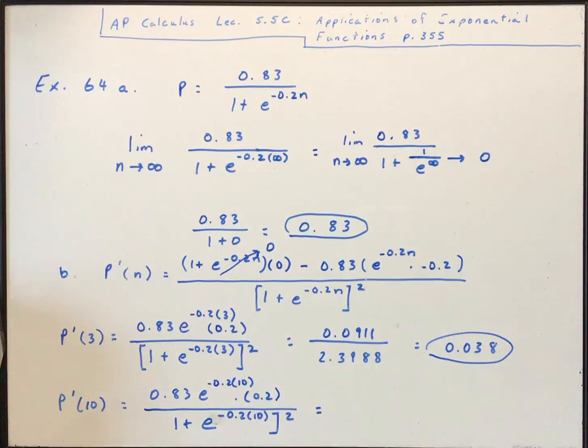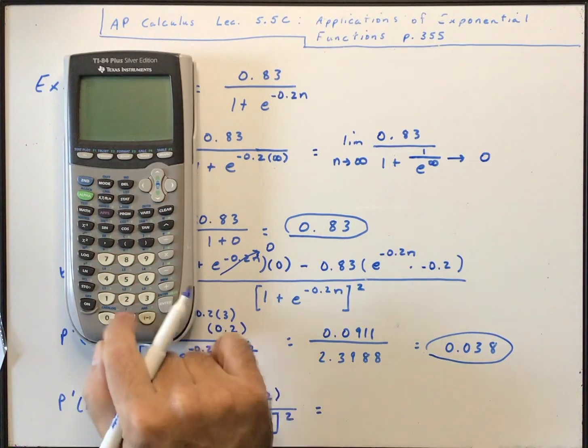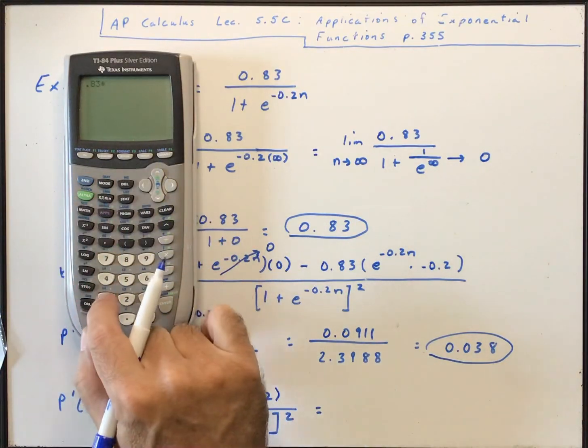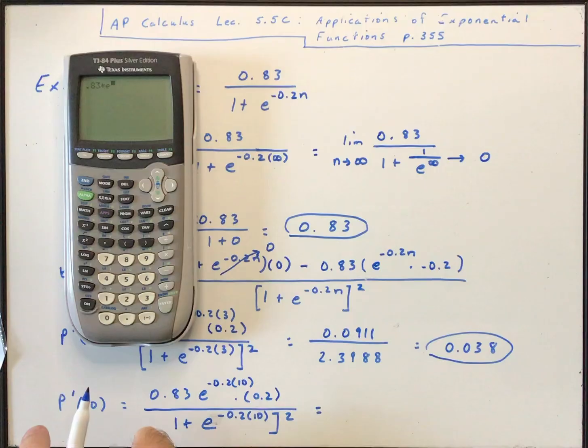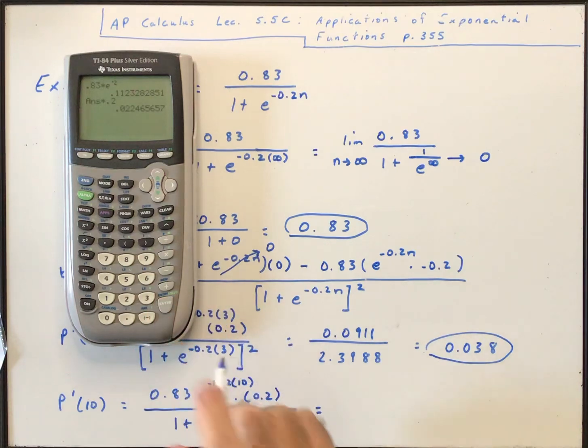So you would go through that, which we didn't really need to do. 0.83 times e to the -2 times 0.2. That's 0.022465.